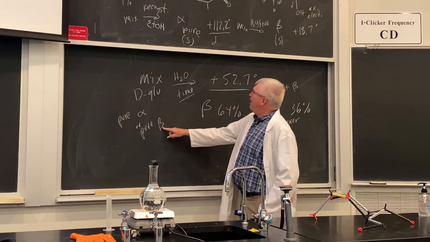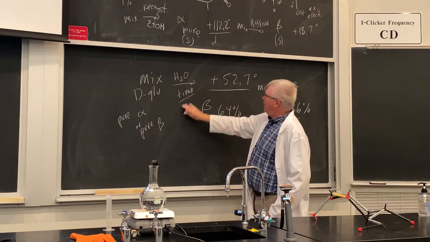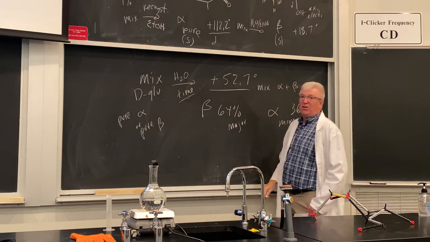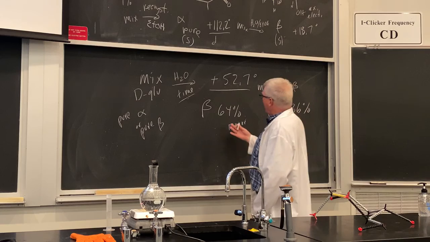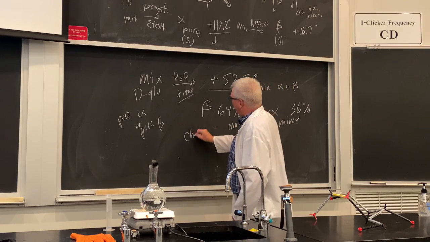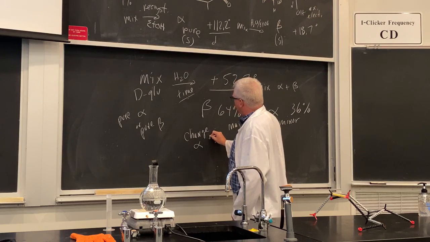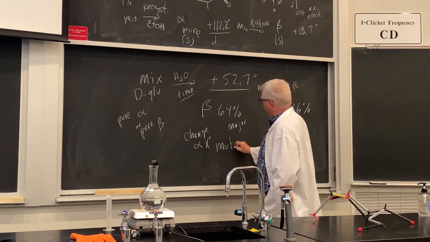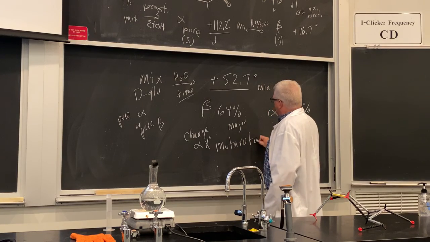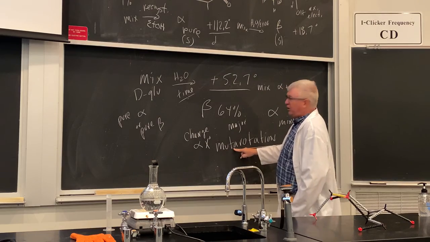You can take pure beta, which starts out as plus 18, and let it equilibrate over time, and it goes up to 52.7. Okay, what do we call this effect? This change in the optical rotation in degrees there, right? We call that change mutarotation. Rotation, we're referring to the polarimeter rotation, and mutation meaning change.